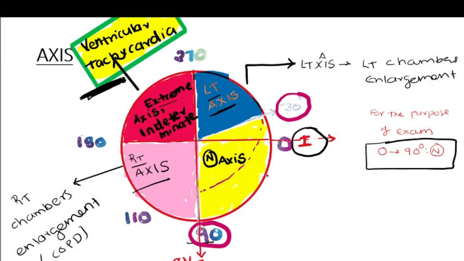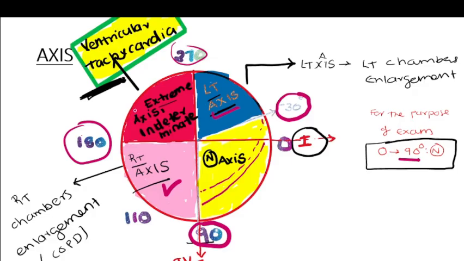But to simplify this, for the purpose of the exam, we take 0 to 90 degrees as normal, 0 to minus 90 degrees as left axis deviation, 90 to 180 as right axis deviation, and between 180 and 270, this is extreme axis deviation or indeterminate axis.